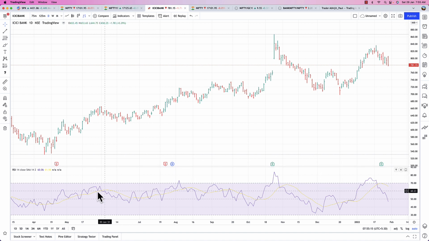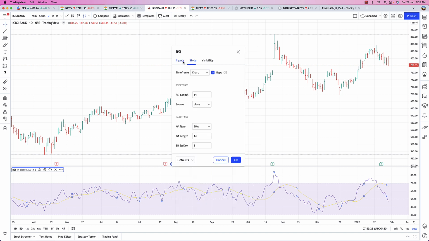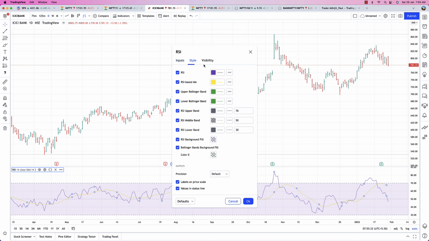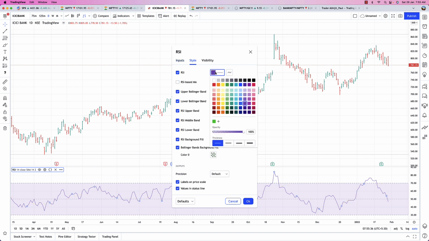So now we can see that the RSI is coupled with a moving average. Many traders love to use moving averages on the RSI. Let me give you some perspective on where I'm coming from.